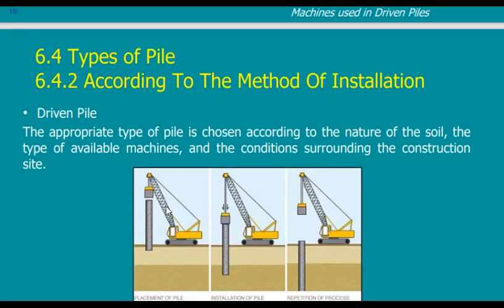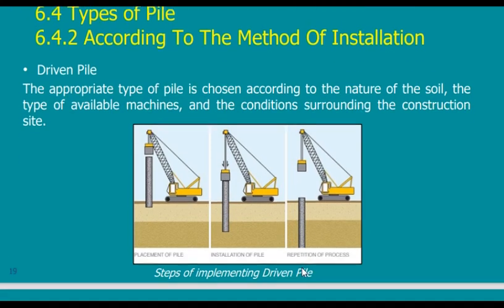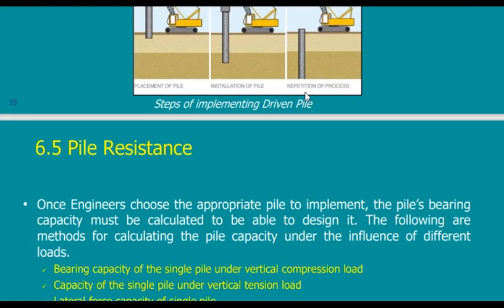This is an illustration of the driven pile. Of course, it will not be blunt like this. It will be tapered to have an edge here. Then I am going to push till I reach the required level.